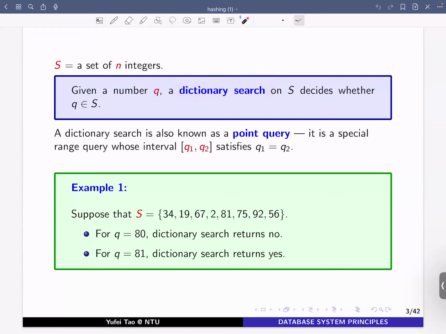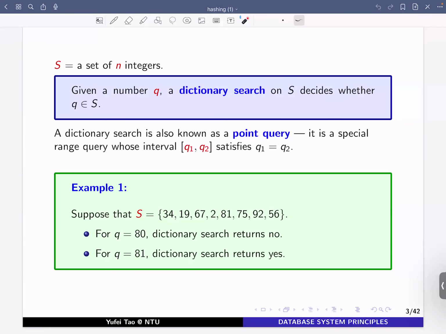So let's see what this is all about. We've got a set of elements. I assume these elements to be integers, and I also assume that dictionary search is given a query. So you have a search value Q here, and the purpose of this operation is to just give a yes or no answer regarding whether the search value Q is in the input set or not.